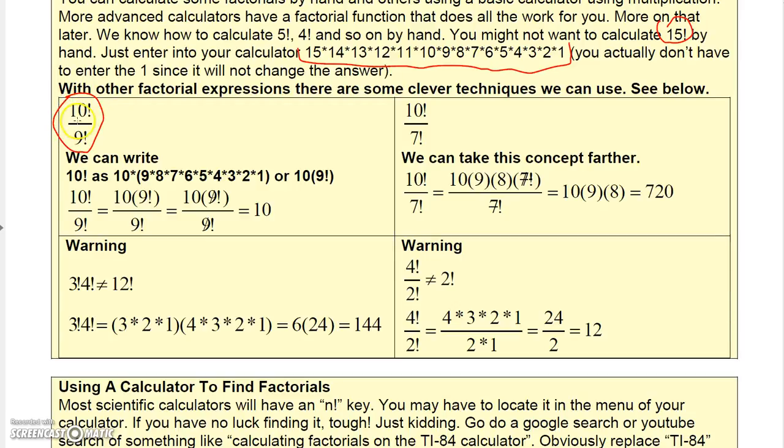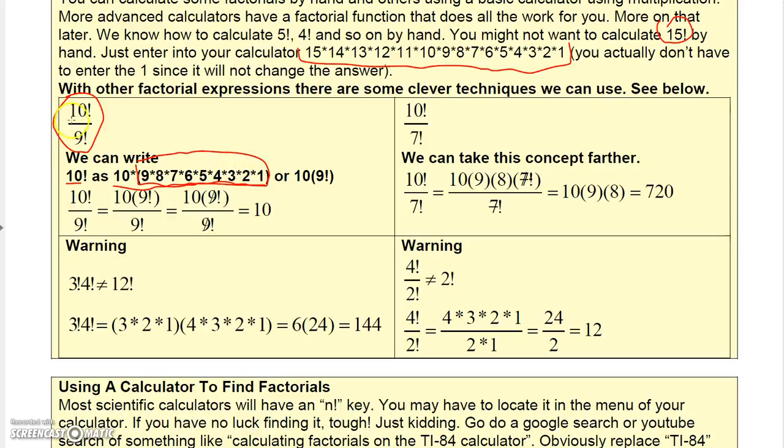If you were doing a quotient of 10 factorial over 9 factorial, well, it turns out that 10 factorial, we already know, is 10 times 9 times 8 times 7 all the way down to 1. But if you look at this part, 9 times 8 times 7 times 6 times 5 all the way down to 1, that's 9 factorial.